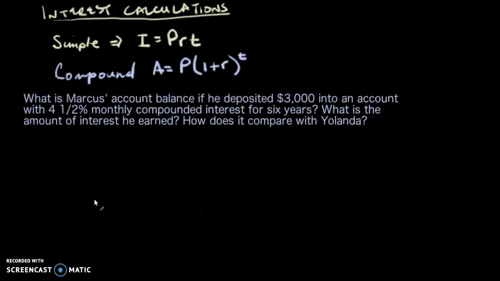Okay, so now we have another one. This one is dealing with compound interest. And so it's Marco's balance. What is his account balance if he deposits $3,000, which is the same as Yolanda did, at a 4.5% rate, which is what Yolanda had, except Marco's is compounded monthly for 6 years.